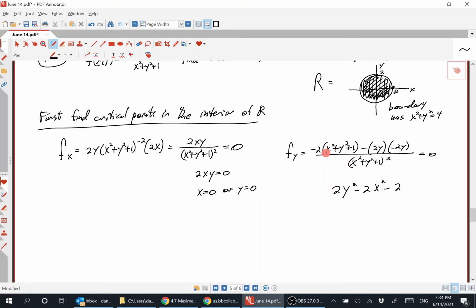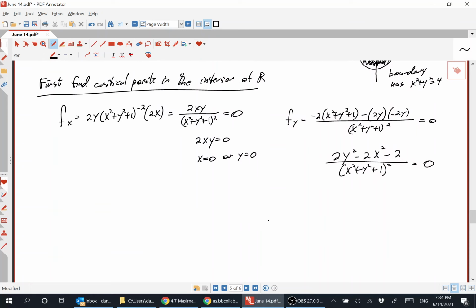Over (x squared plus y squared plus 1) squared equals 0. Right, the bottom is never 0, so we're just looking at y squared minus x squared minus 1 equals 0.